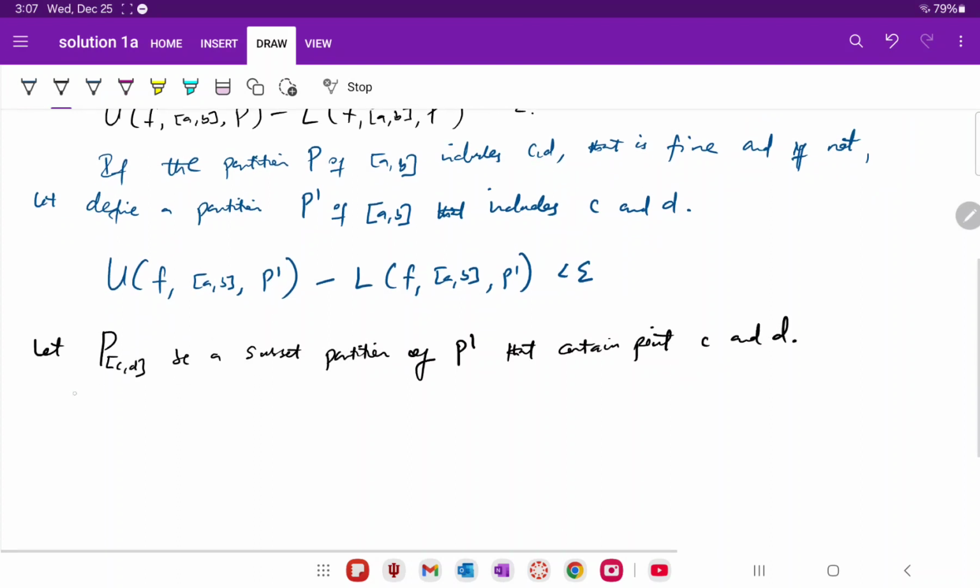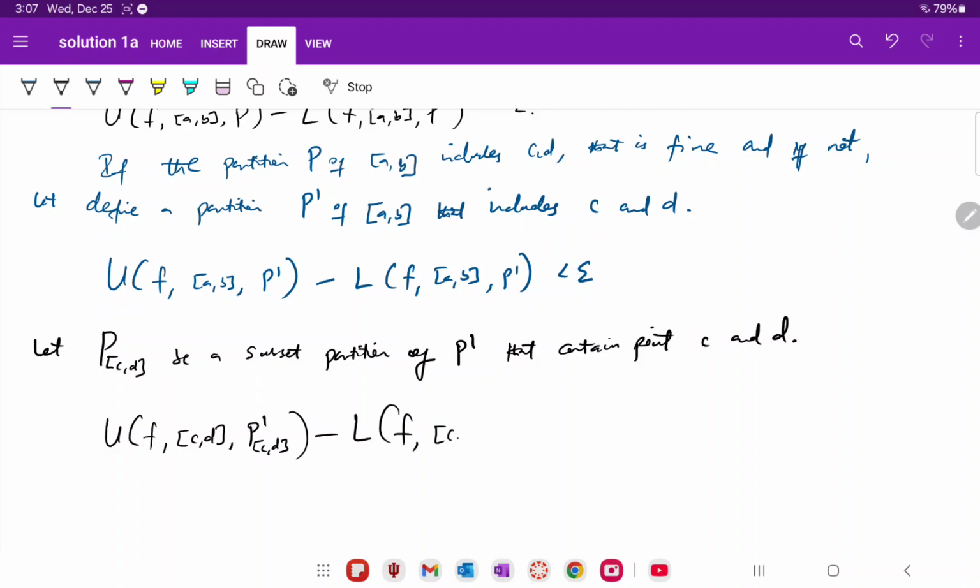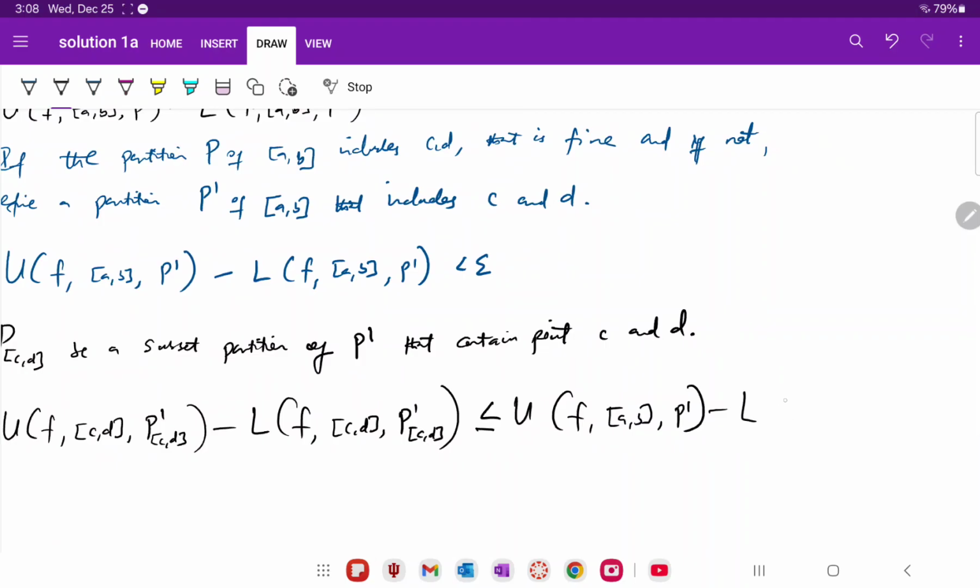Since this partition is a subset of our P prime, the difference between the upper Riemann sum and the lower Riemann sum over c, d will be less than or equal to at most the difference for this big partition. And this is less than epsilon.